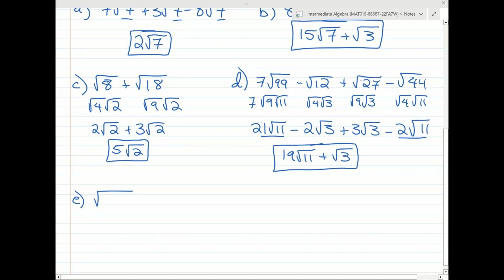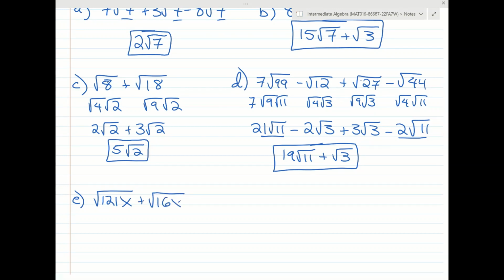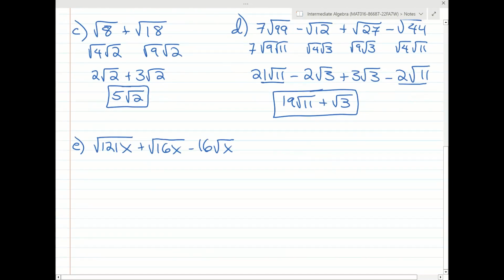We had the square root of 121x plus the square root of 16x minus 16 root x. This is just the square root of 121 times the square root of x.